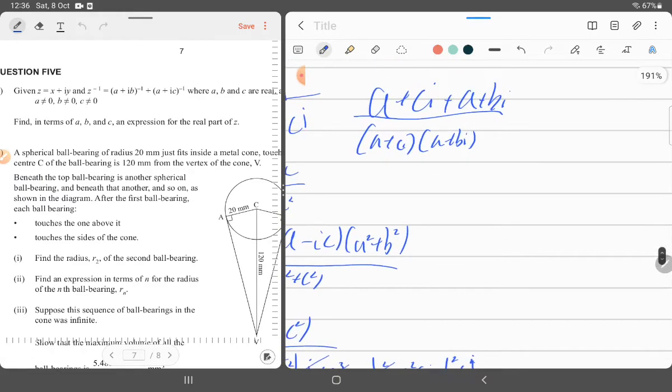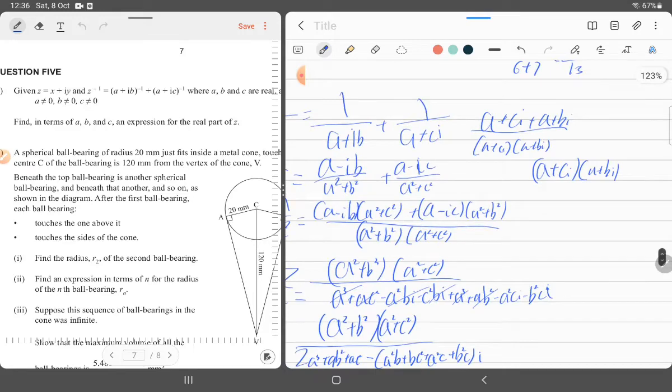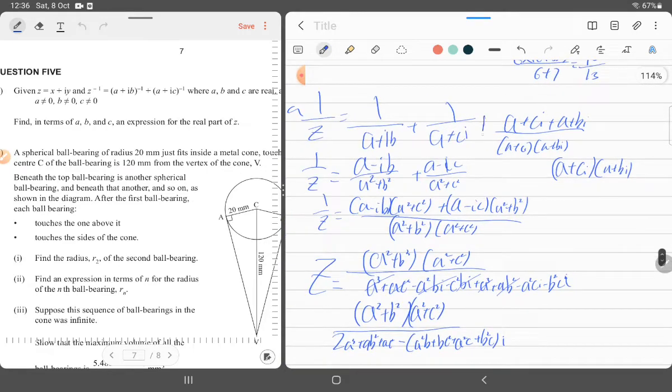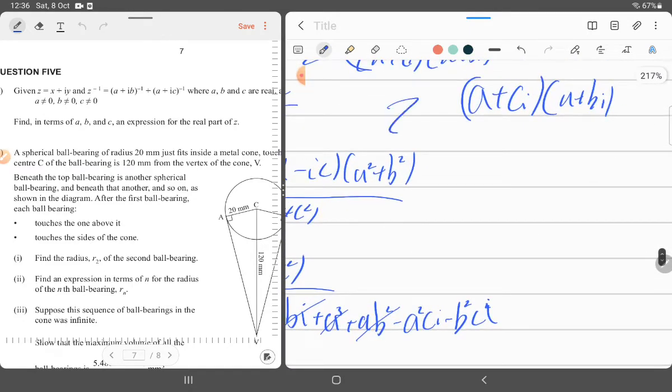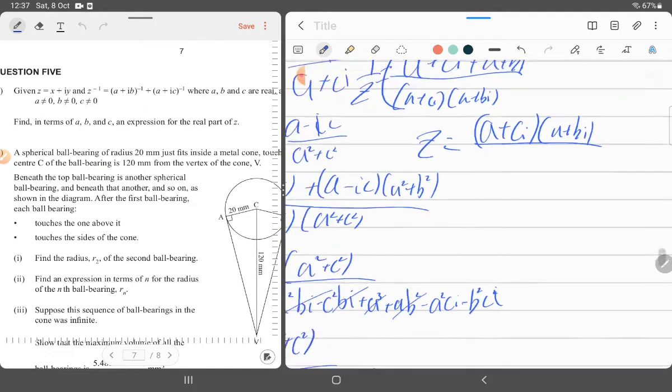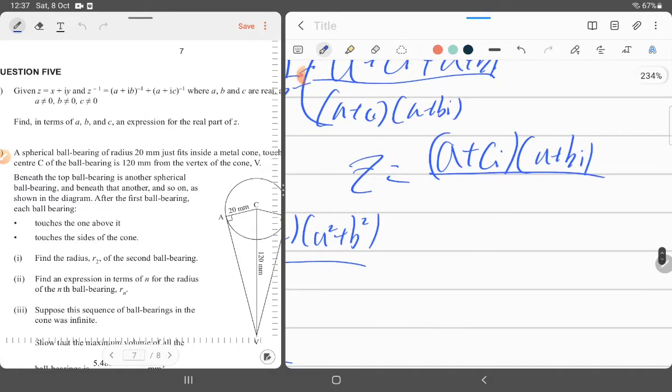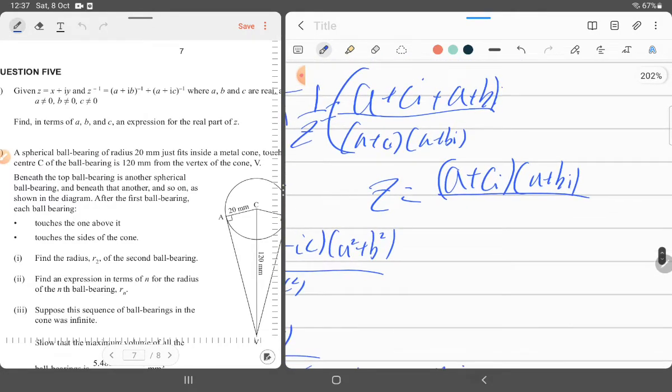So then we just take the reciprocal. So a plus ci, a plus bi. So this is 1 over z is equal to this. So we want to take the reciprocal. So z is equal to a plus ci, because a plus bi over 2a plus b plus ci.